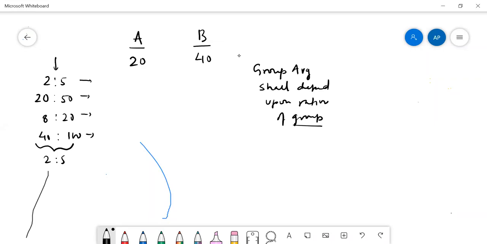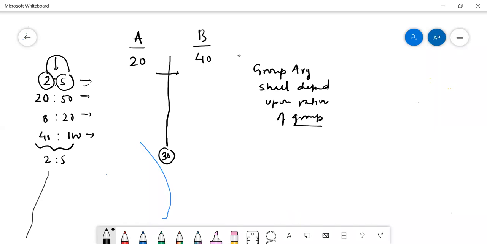The first thing that I explained was that if there are an equal number of students in groups A and B, the average will always be 30. And if group B has a higher number of students than group A, which is 2 is to 5, the average will shift towards 40, and the shifting will occur in the same ratio as the ratio of students in the groups.